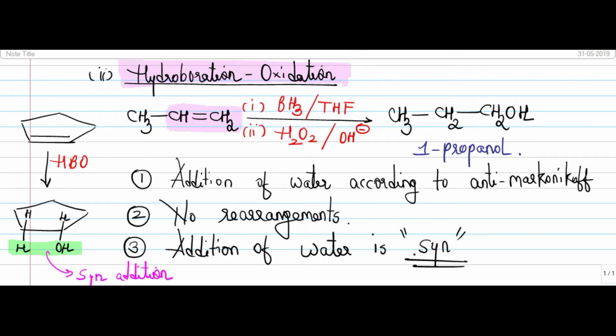Now after having understood what this is, let us go into the mechanism of how exactly and why exactly there is no rearrangement, or why the addition is syn. So the next thing that we explore is the mechanism of hydroboration oxidation. First let us understand what BH3 is.